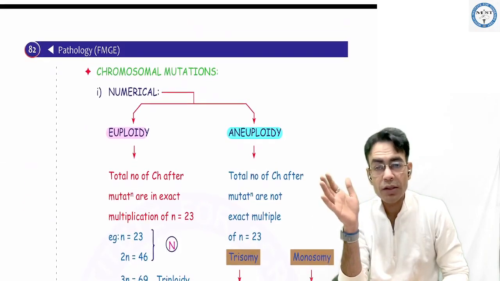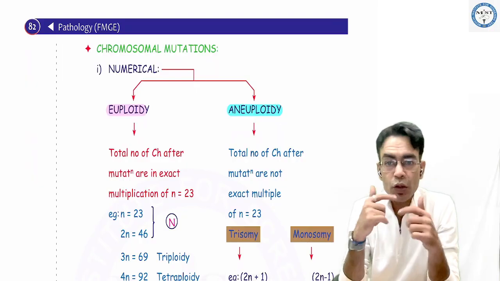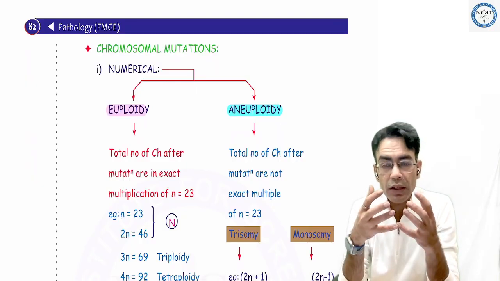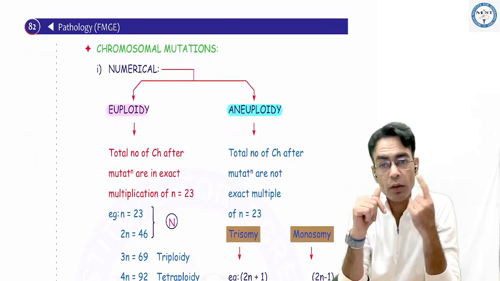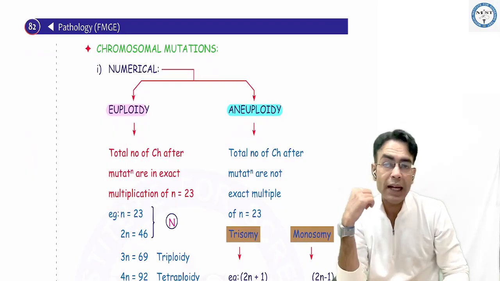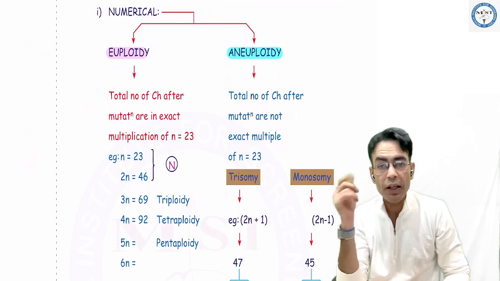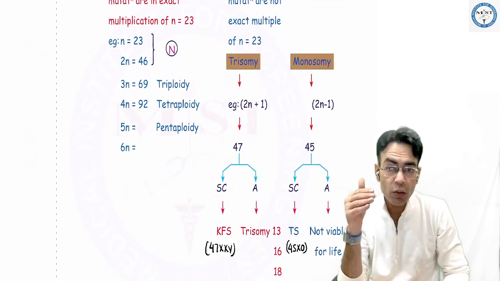Then chromosomal mutations, under numerical: euploidy, aneuploidy. When the number of chromosomes after mutation becomes a multiple of 23, that is called euploidy, not possible in humans. Aneuploidy, when the chromosome number is one extra or one less. So 46 is the total number. Either it can become 45, monosomy, or it can become 47, trisomy. Trisomy can occur from both the chromosomes.